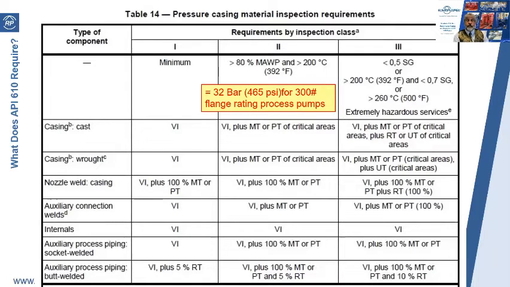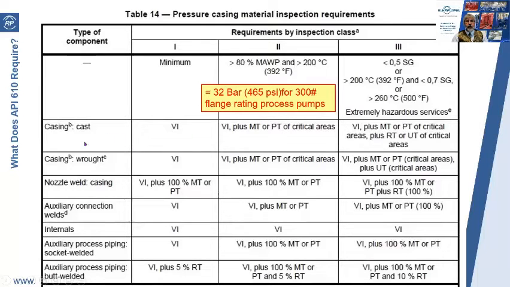So if the calculated required max allowable working pressure, and remember that it's shut-off head plus 10%, plus the maximum suction pressure and maximum specific gravity. I'll say that again: shut-off head plus 10%, plus max suction pressure and at max specific gravity. If that is at or above 32 bar, then class 2 inspection is required.